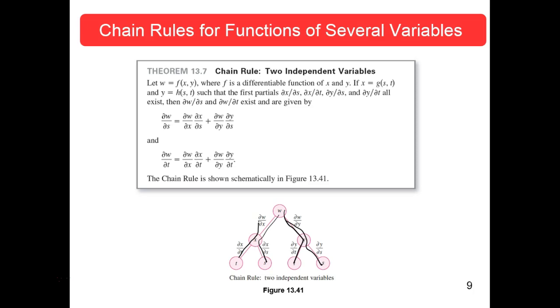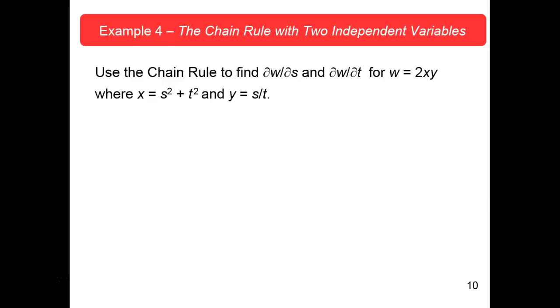Okay, so let's move on from there, and I think example 4 is going to use that. Use the chain rule to find the partial of w with respect to s and the partial of w with respect to t for this function we just did, exactly the same function, but this time we're going to use the chain rule, not solving for w as a function of only s and t, removing the x's and y's.